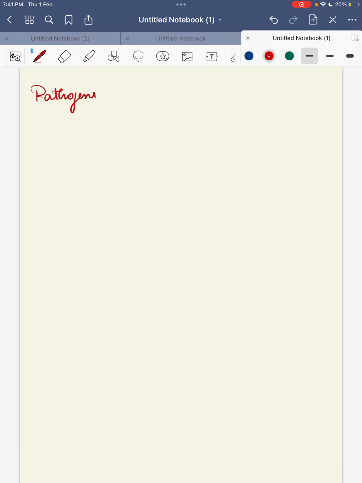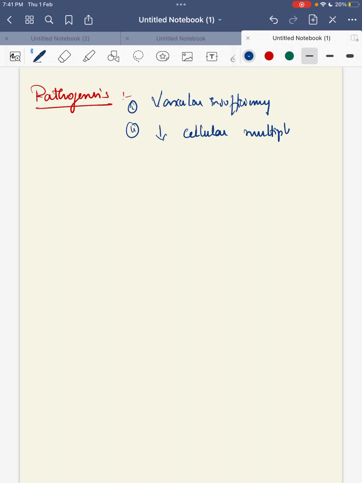Next, going on to the pathogenesis of rubella. Pathogenesis is mainly vascular insufficiency. Second, decreased cellular multiplication.